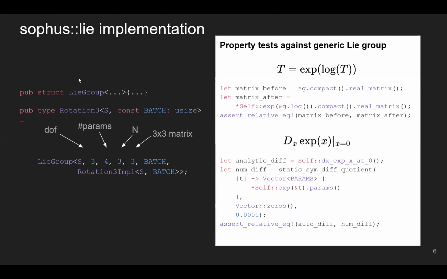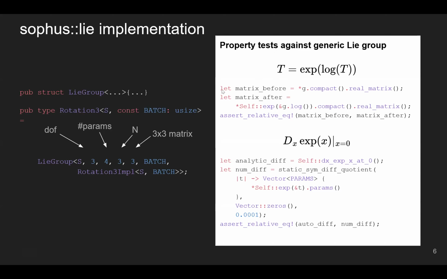One of the core motivations for having this one single Lie group type, instead of multiple distinct types, is that you can write unit tests against the Lie group, and then it covers all the different implementations. Mathematical properties map very nicely to property tests. For example, if you take the logarithm of an element and then the exponential, you get the same element back, and that holds for all Lie groups.